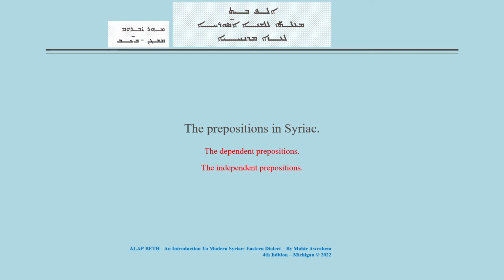And when it means of, kthawa alaha, the God's book, literally means the book of God, and it also means from. Example here: Ishaq Nineveh means Isaac from Nineveh.